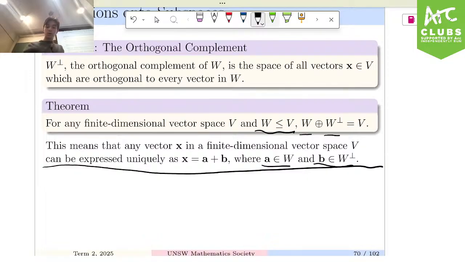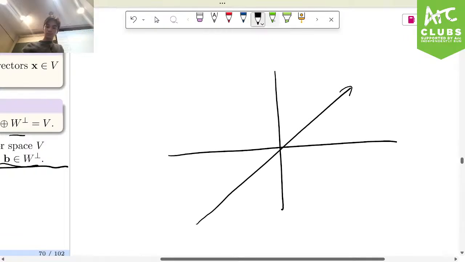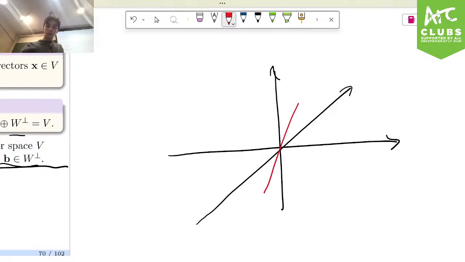So just to visualize this with an example, right? If we're in R3, our subspace W could, for instance, be a plane. Whoa. Right?